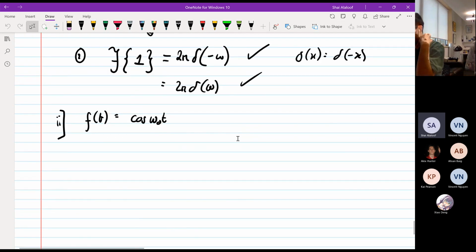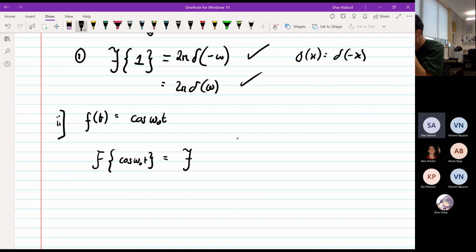So if I rewrite cosine as a combination of exponentials, I get this: e to the minus j omega t plus e to the j omega t, over 2.